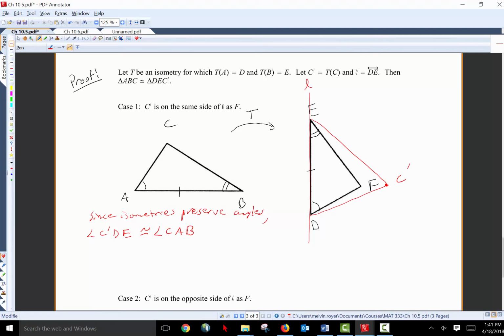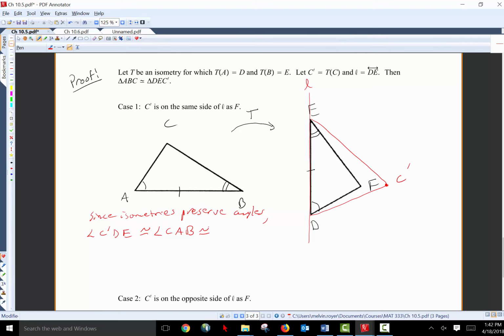Because that's exactly where the transformation sent it. It took A to D, and it took C to C prime. So the angle in between here is preserved. And you should already start being suspicious, right? How can the black angle and the red angle both be congruent to this? Well, the answer is it's going to be the same angle. That's how the proof is going to work.